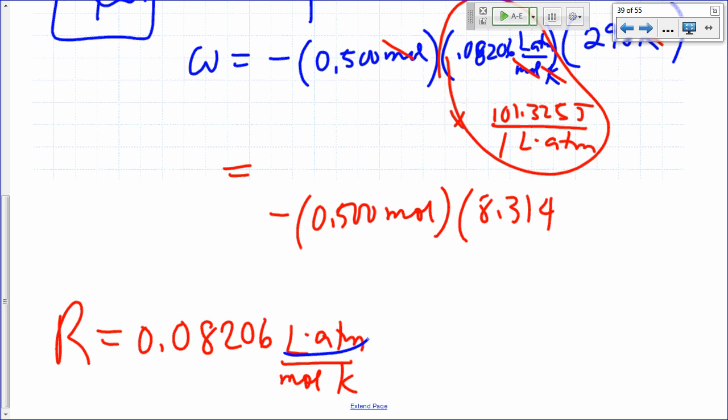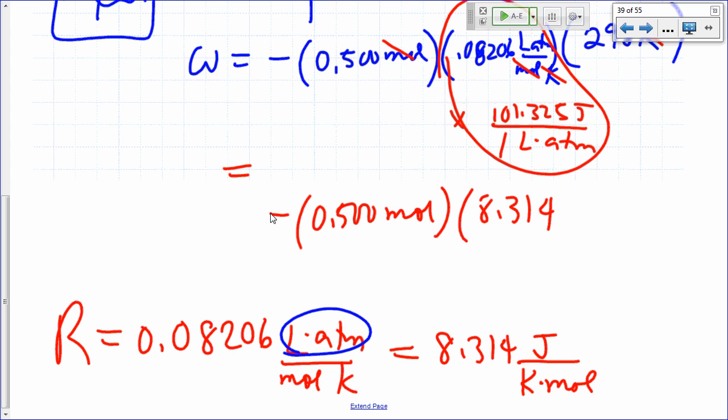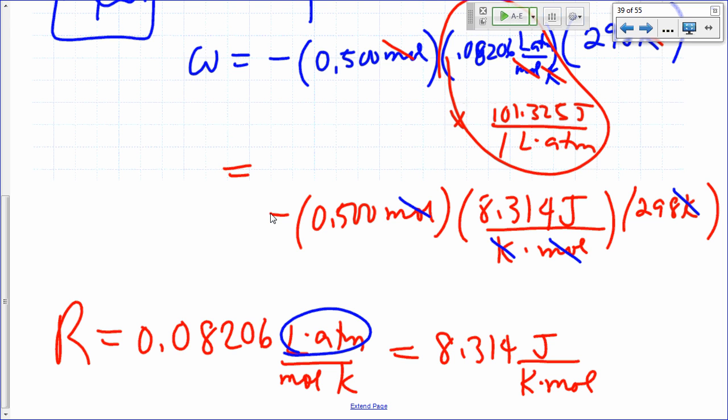And a liter atmosphere is 101.325 joules, so that's equal to 8.314 joules per Kelvin per mole. So multiply that by 8.314 joules per Kelvin per mole, and our temperature is 298 Kelvin. So mole cancels out, Kelvin cancels out. What would that give you?